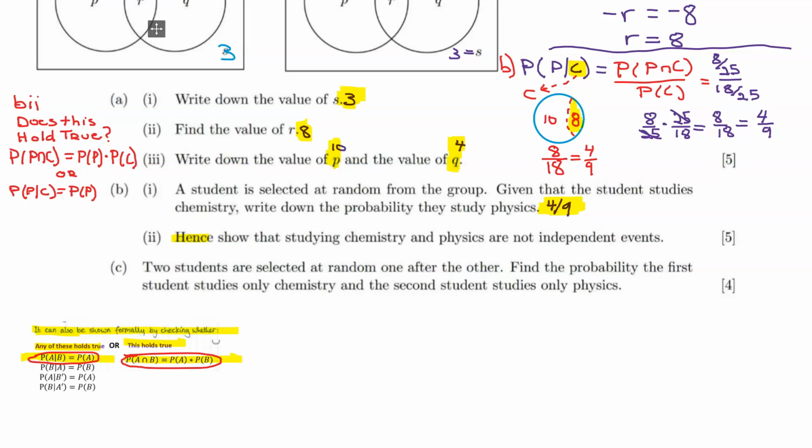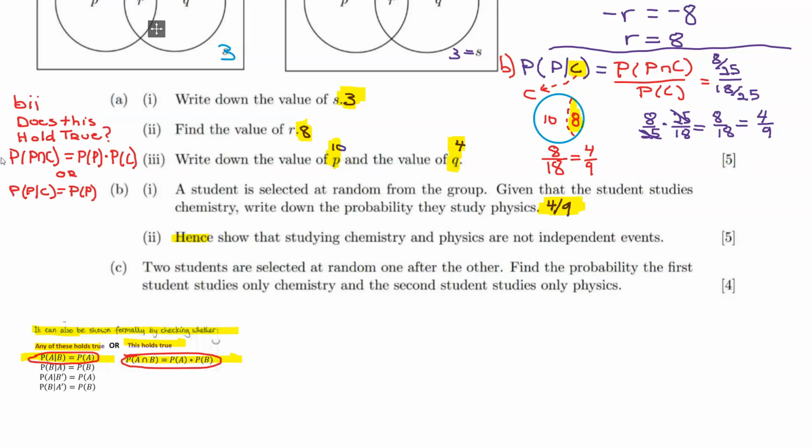So I took these two right here and I wrote it up here. Does this hold true? So either the top statement, which is the intersection method, or the statement on the left, which is the conditional statement method.